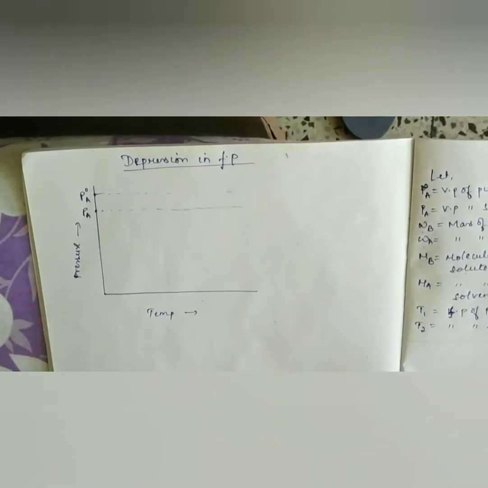Now, as we know, the freezing point of a liquid is that temperature at which the vapor pressure of the liquid solvent becomes equal to the vapor pressure of the solid solvent. That means an equilibrium is established between the solid and the liquid phase. That temperature is known as the freezing point of that liquid.